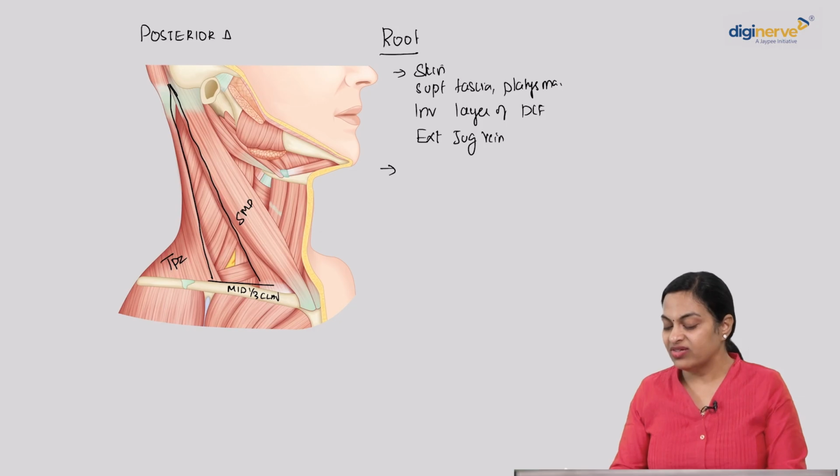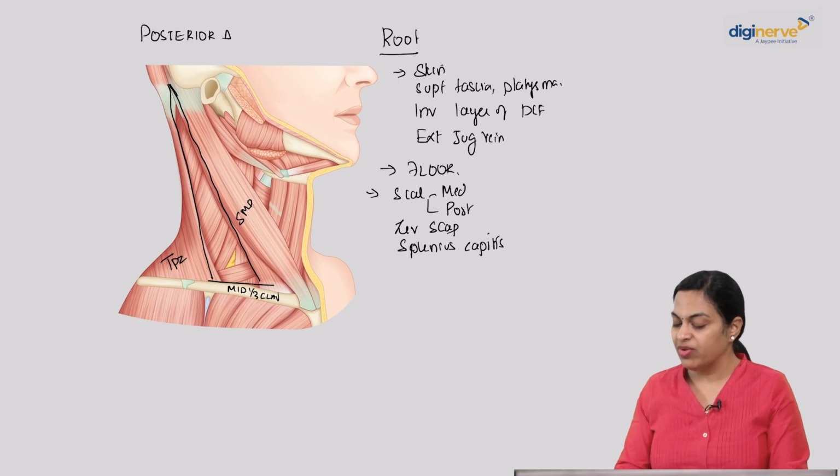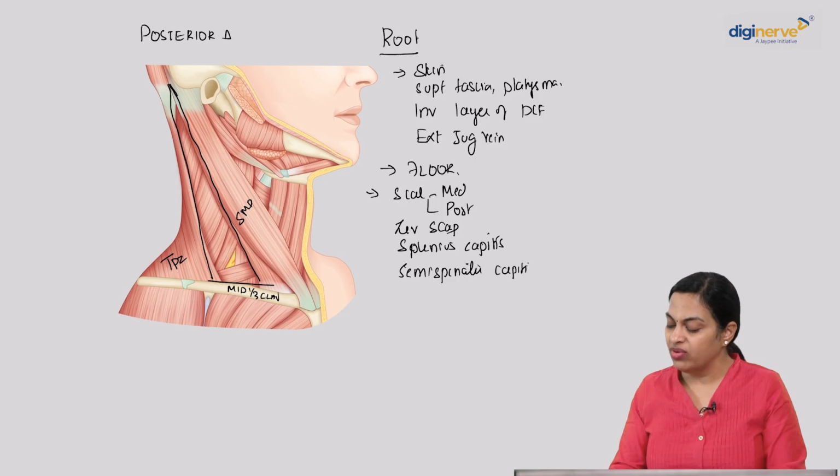What are the structures in the floor of the posterior triangle of neck? Okay, so scalenus medius, scalenus posterior, and then levator scapulae, splenius capitis, and high above the vertical fibers of semispinalis capitis. So let us mark the muscles in the floor.